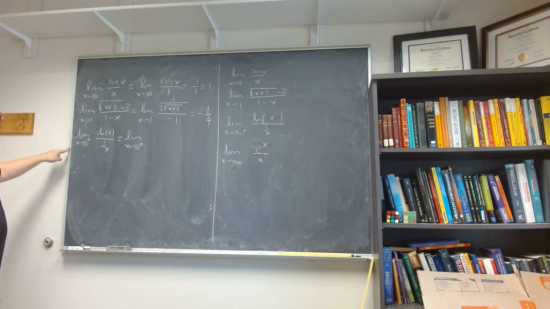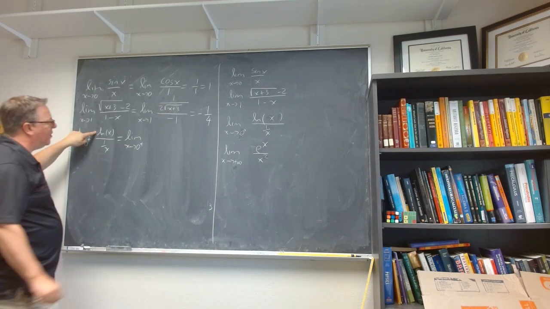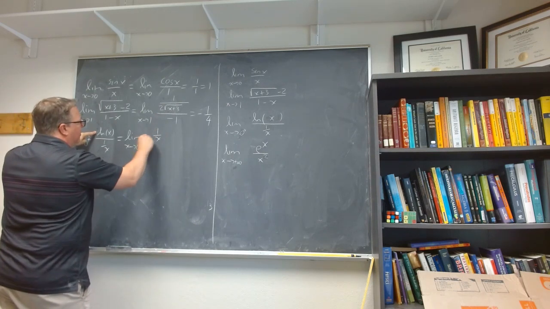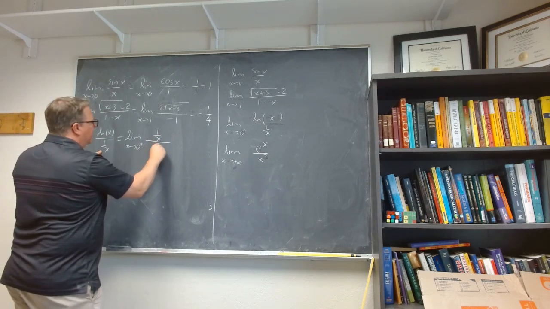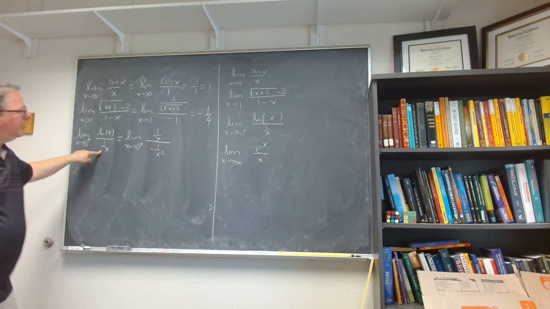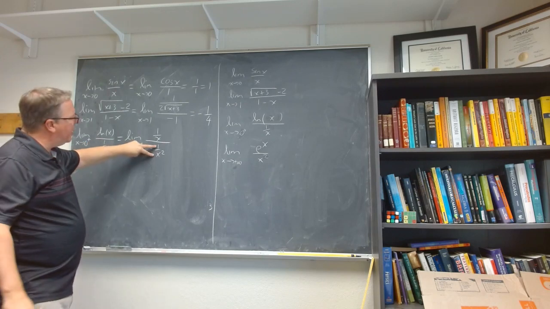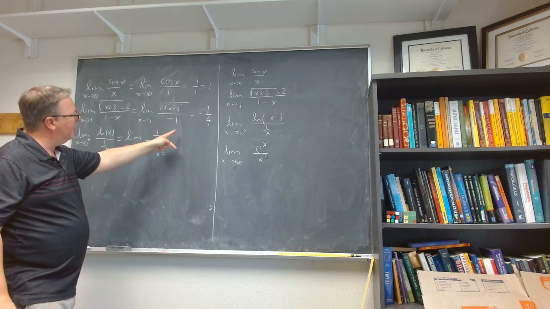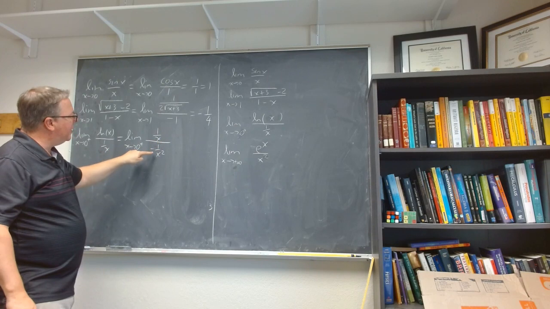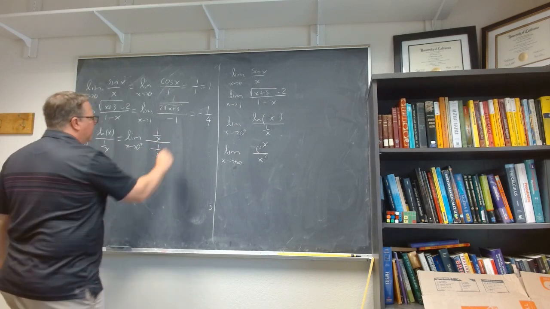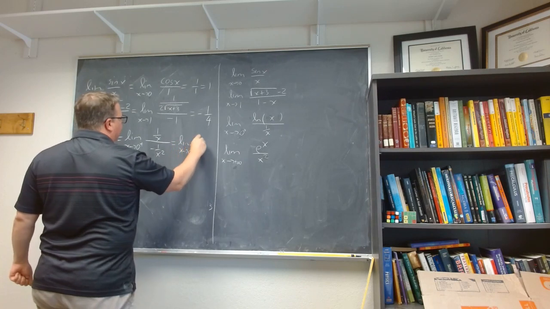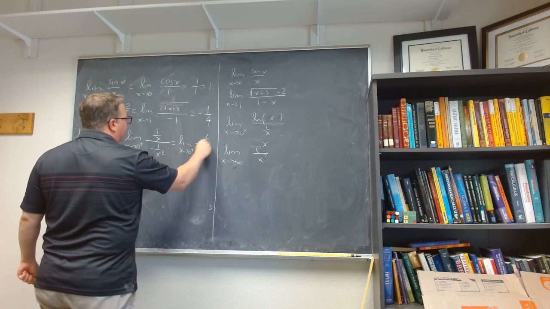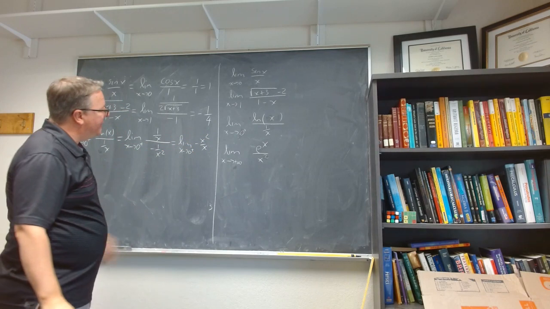We use L'Hopital's rule. We take the derivative of the natural log of x, which is 1 over x, and we divide by the derivative of 1 over x, which is negative 1 over x squared. And dividing by a fraction is multiplying by the reciprocal. So it's the same as multiplying by x squared. So this gives us the limit as x goes to 0 from the right of negative x squared over x, which simplifies down to negative x.